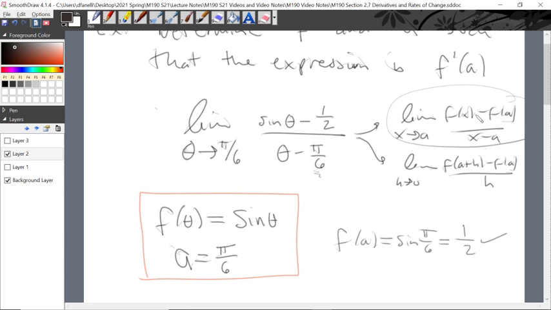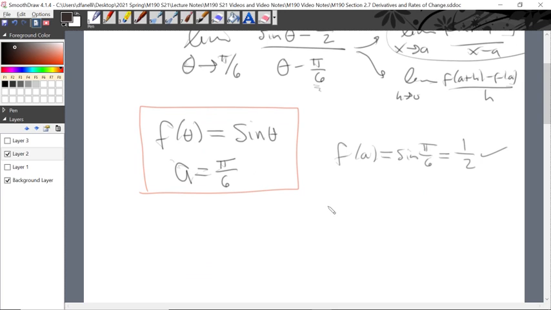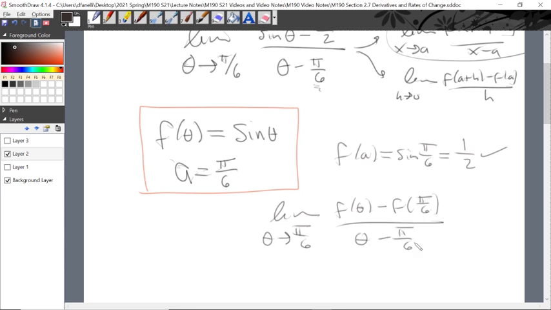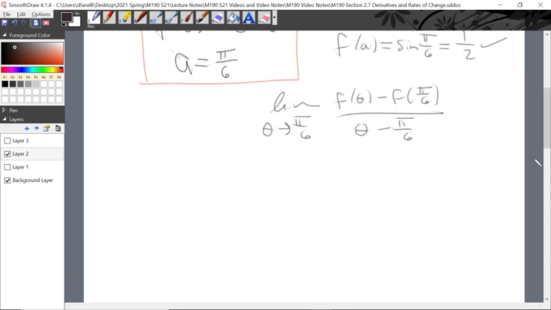So this is in that form. It's f of theta minus f of pi over 6 over theta minus pi over 6. So I'll write it explicitly for you in that form. The limit as theta goes to pi over 6 of f of theta minus f of pi over 6 over theta minus pi over 6.